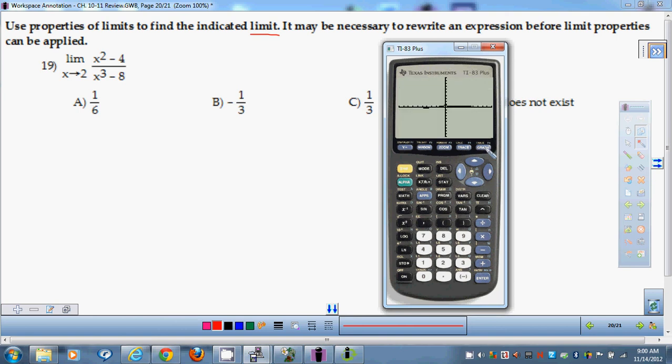Alright, the limit does not exist as a direct substitution, which we already knew.